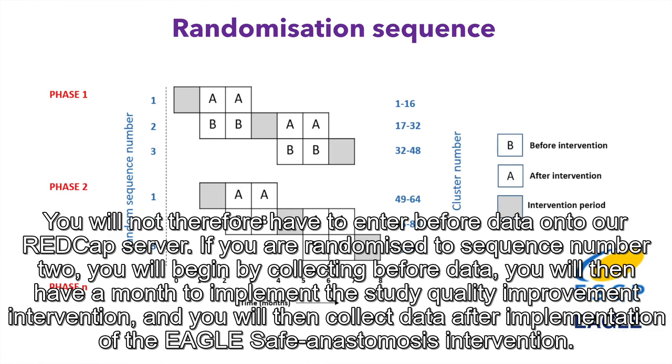If you are randomized to sequence number 2, you will begin by collecting before data. You will then have a month to implement the study quality improvement intervention, and you will then collect data after implementation of the EAGLE safe anastomosis intervention.